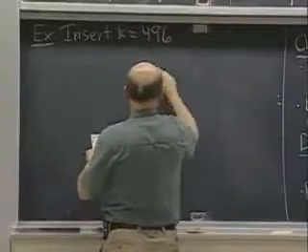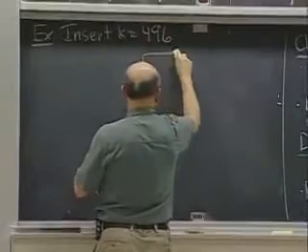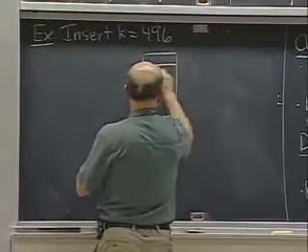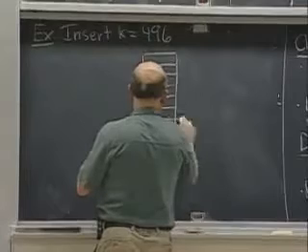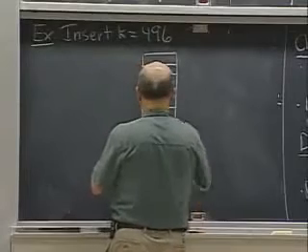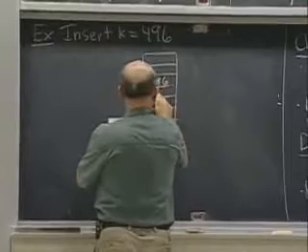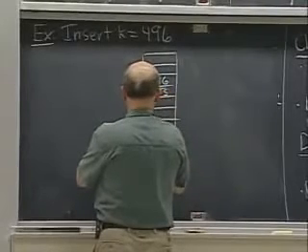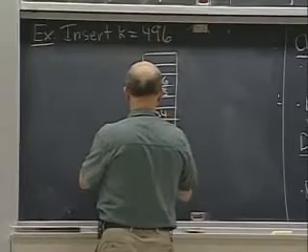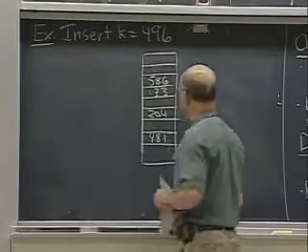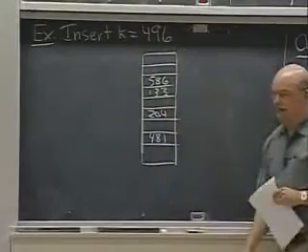Okay, so here's my table, and I've got some values in it. 586, 133, 204, 481, etc. So a table looks like that. The other places are empty.